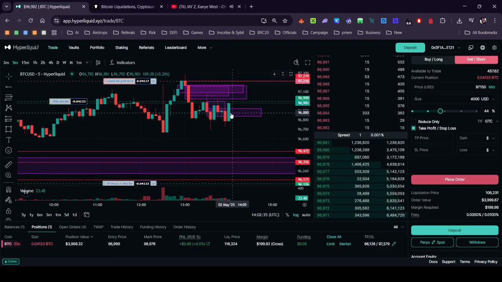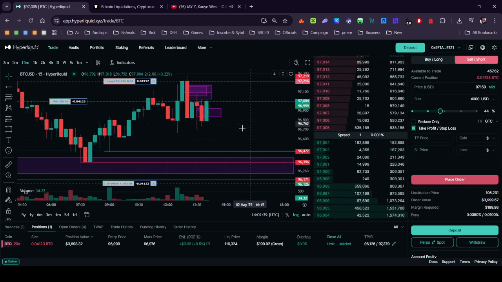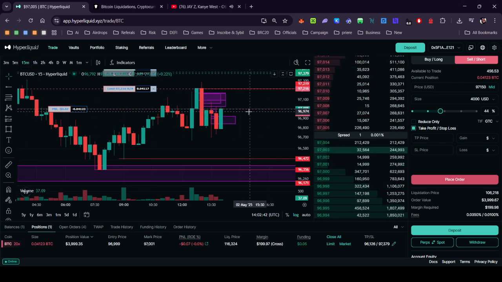And there you go, the 5-minute candle, the 15-minute candle, showing displacement already.